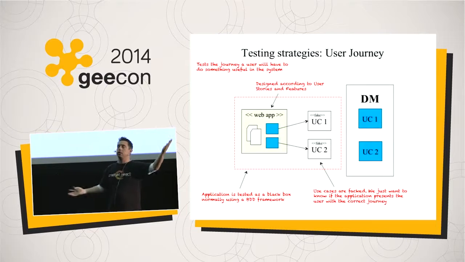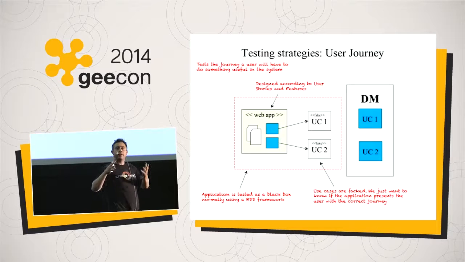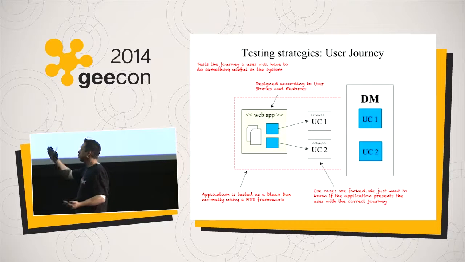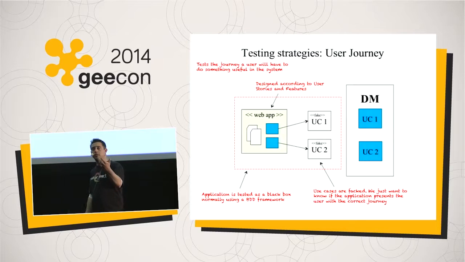That's a journey. At that point, I'm more interested to know, is my delivery mechanism taking the user through this journey? Some of these steps will be delegated to my use cases, so I can fire up my application with embedded Jetty and mocked or fake use cases, returning whatever I want or with a bit of logic, and then just test that.